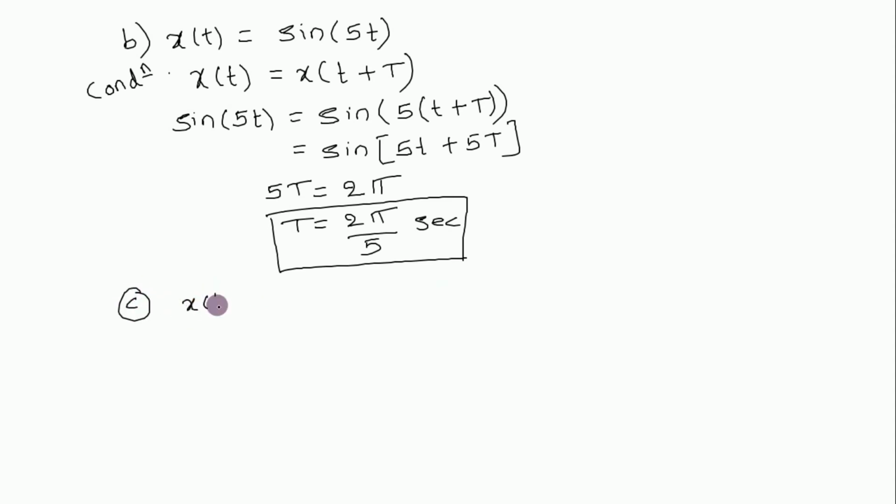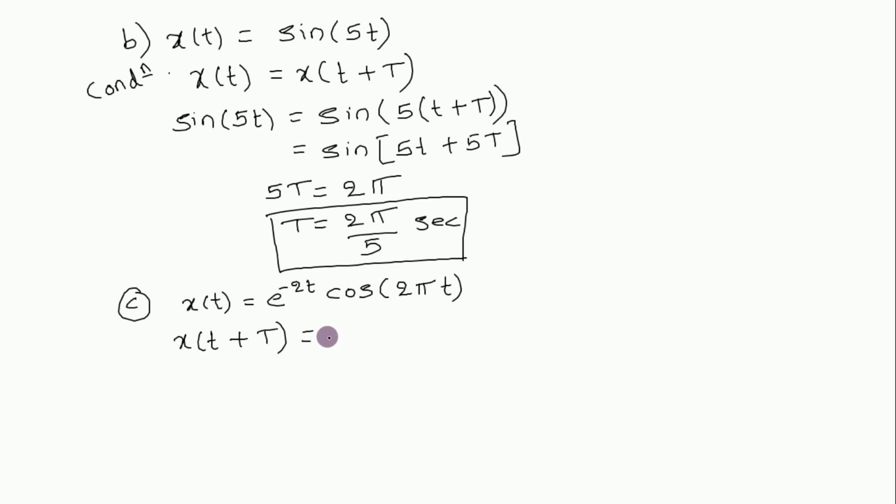x of t is equal to e raised to minus 2t cos of 2 pi t. What I have to do is apply the condition, or you can directly start, because we have already witnessed the condition.